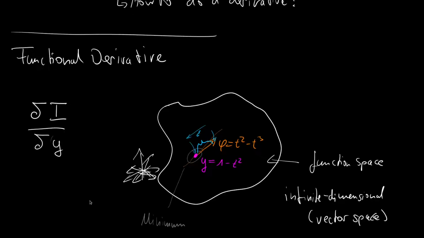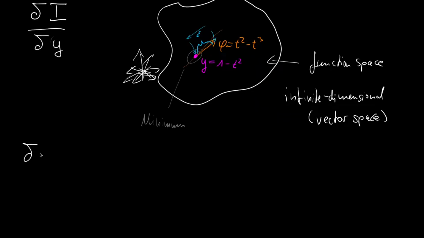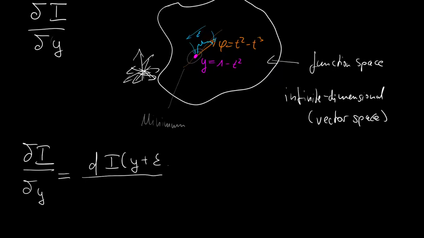Okay, this might be a little confusing, but let's put this into mathematics. We have a functional and we want to derive it with respect to the function y. Then this is given as the classical derivative of the functional evaluated at y plus epsilon phi, with respect to epsilon, at epsilon being 0.